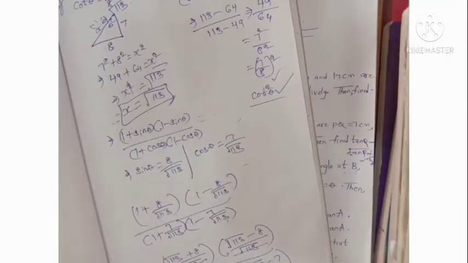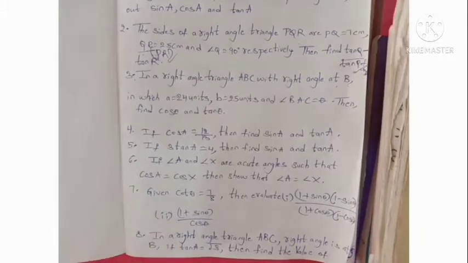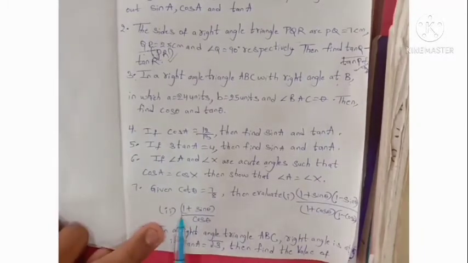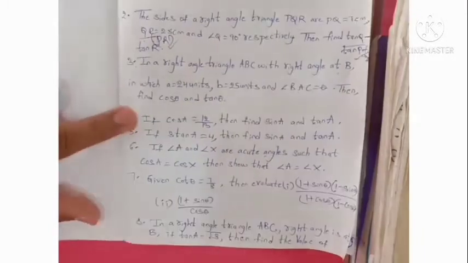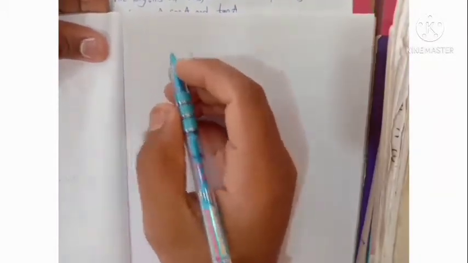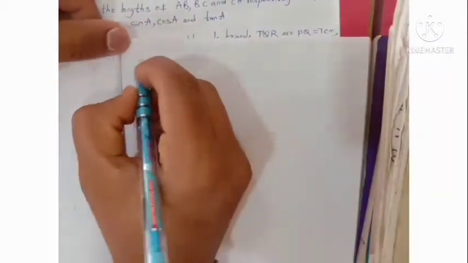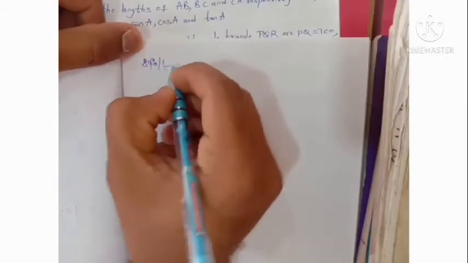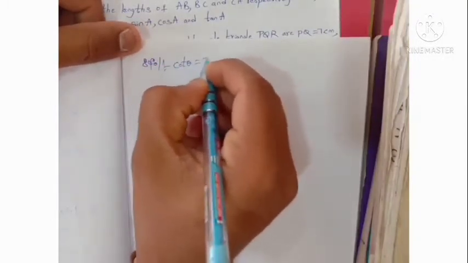See the second one in the 7. What should we find? 1 plus sin theta by cos theta. Given cot theta is equal to 7 by 8. Solution: given cot theta is equal to 7 by 8.